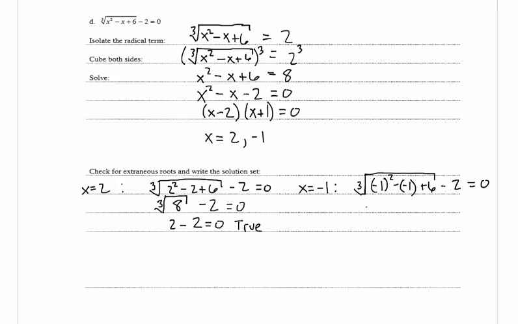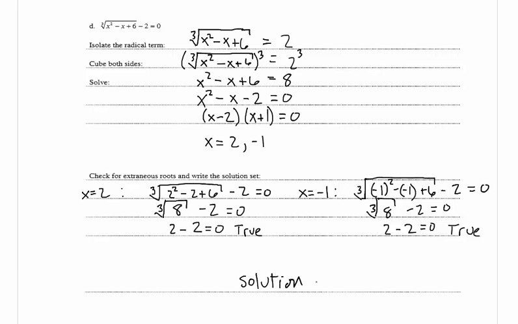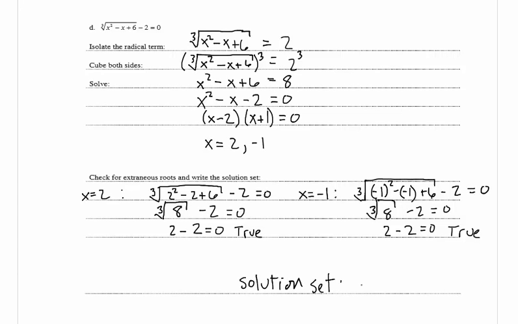And then we have the cube root of negative 1 squared is 1 minus a negative 1, so is plus 1, so that's 2, plus 6 is 8, minus 2 is equal to 0, and the cube root of 8 is 2, so 2 minus 2 is equal to 0, so this is true. Our solution set is negative 1 and 2.